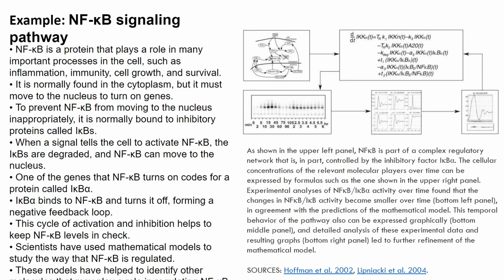So this temporal behavior of the pathway can also be expressed, and with detailed analysis of the experiment data and the resulting graphs, you can feed that information back into the model, which can lead to further refinement. You can look at these sources I've mentioned here. They explain a little bit more on how NF kappa B signaling is regulated and how you can model it. I'd suggest, if you are interested, please go and have a look.